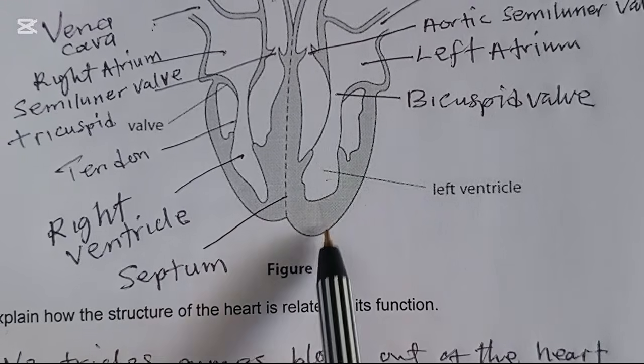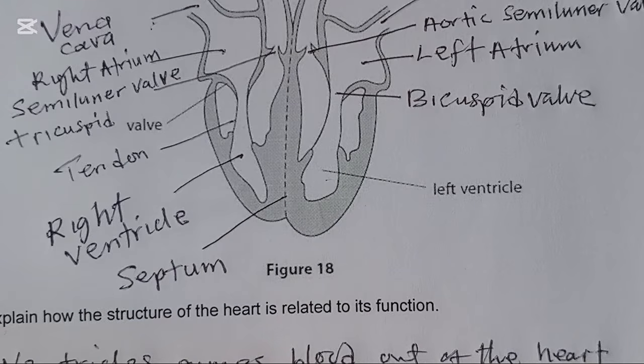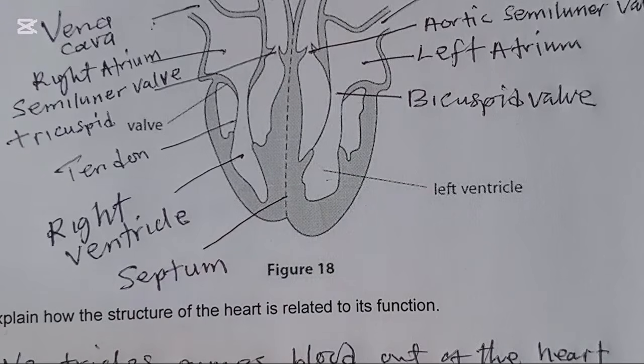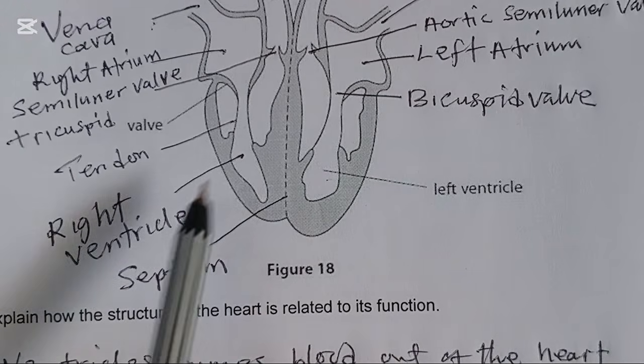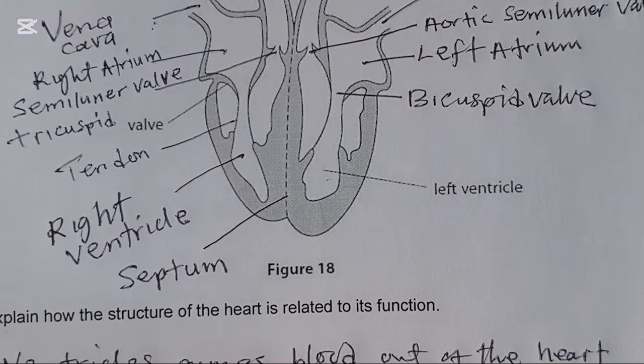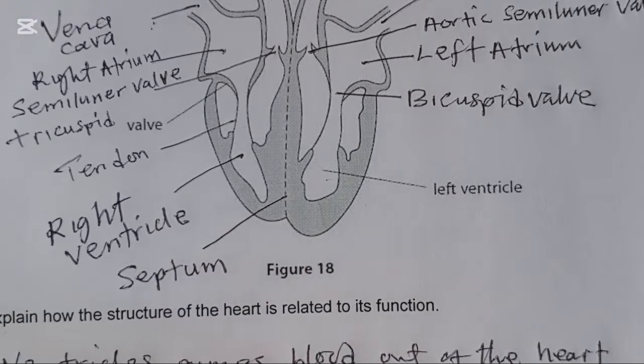This wall is thick to produce more pressure to pump blood. Remember that the left ventricle pumps blood a long distance, while the right ventricle pumps blood a short distance. So to contain more pressure, the left ventricle's wall is very thick.